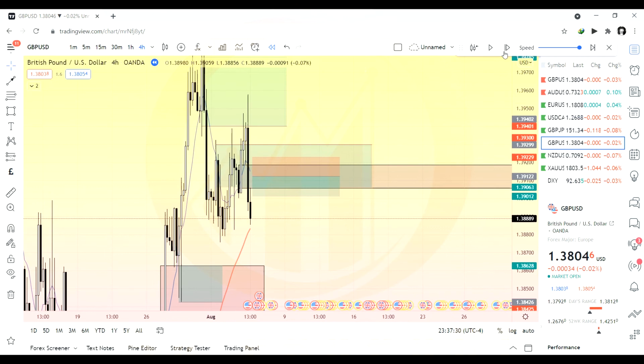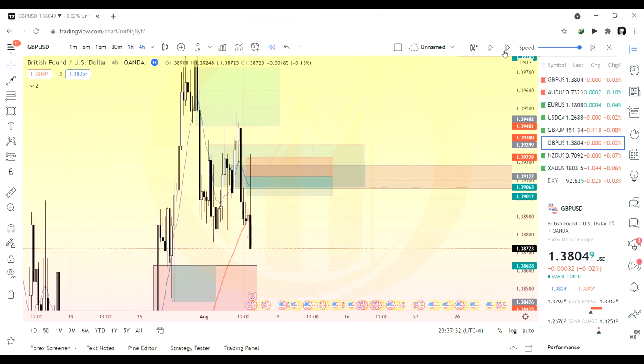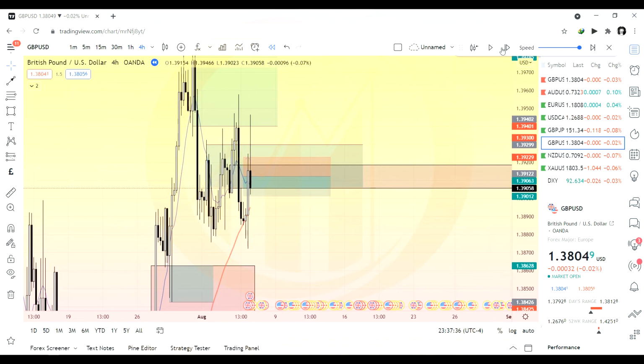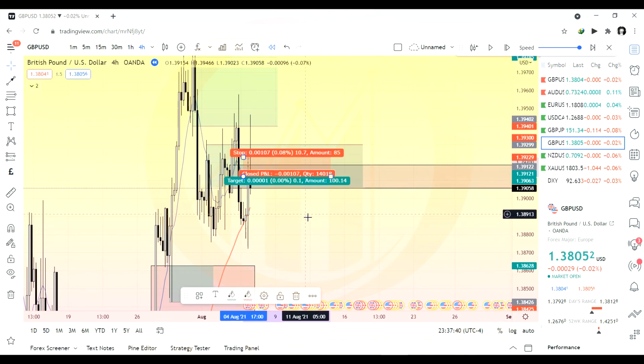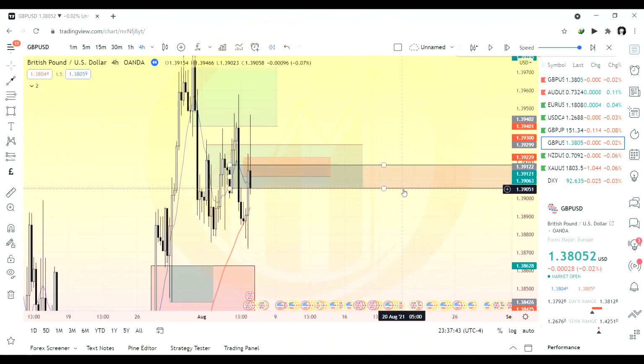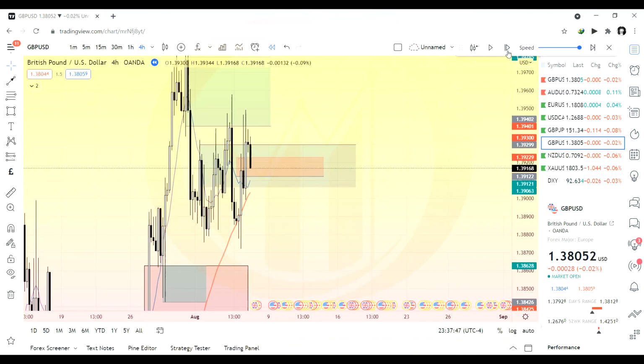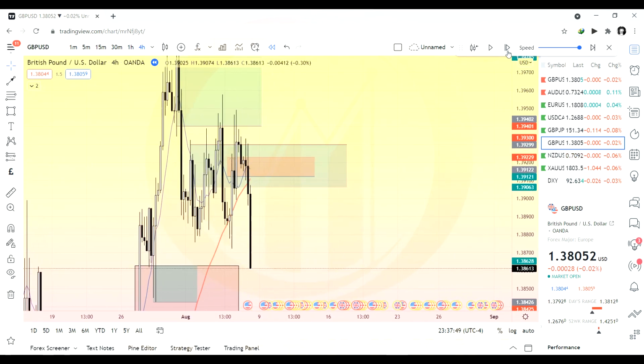Let's keep it at 11 pips. And we wait. We got stopped out, but that's fine. That's one loss. Let's continue to watch.